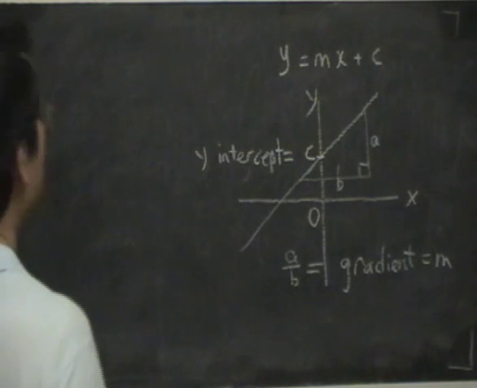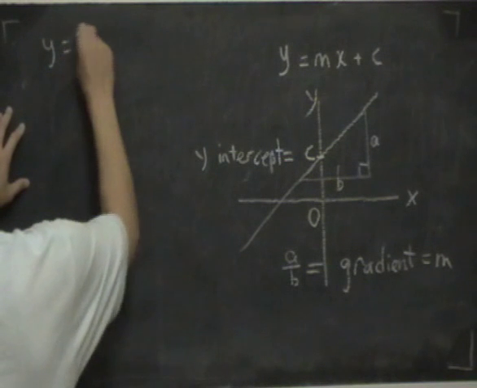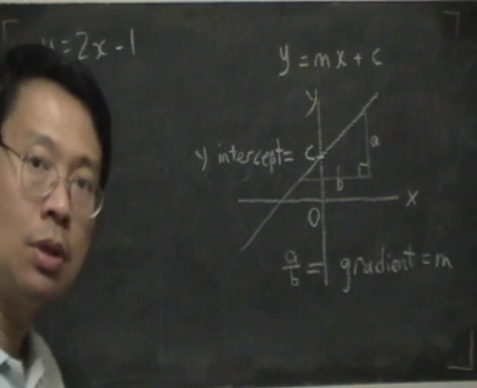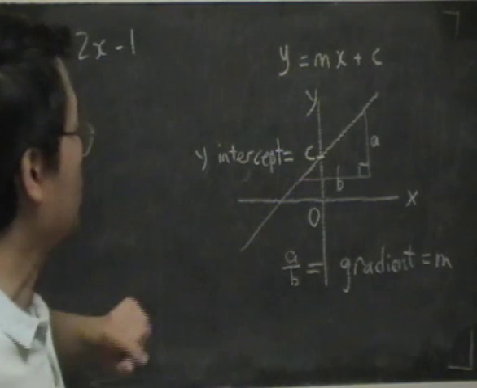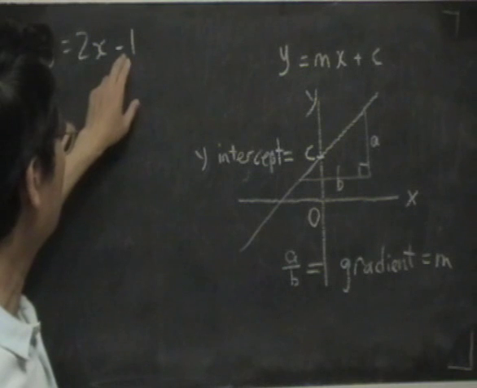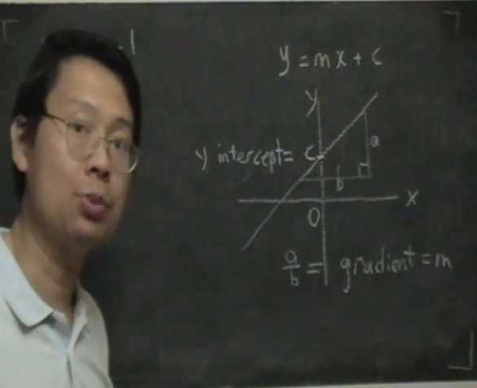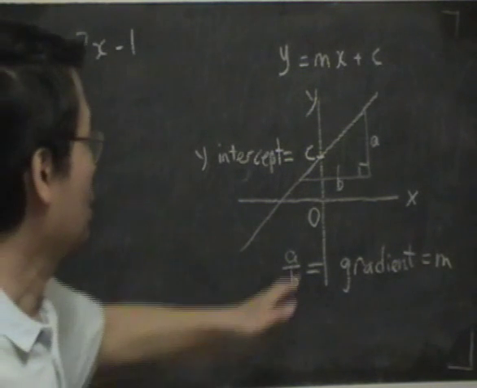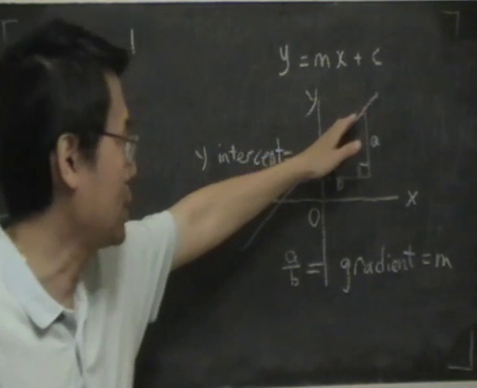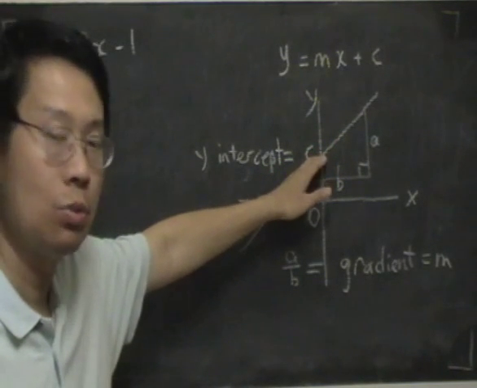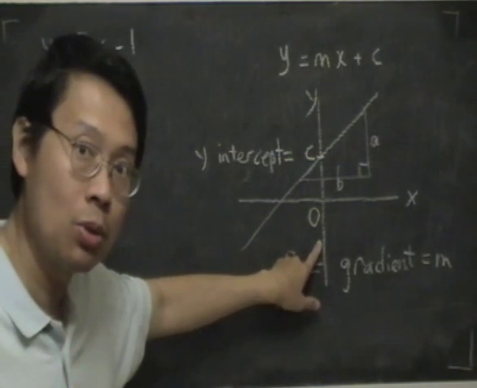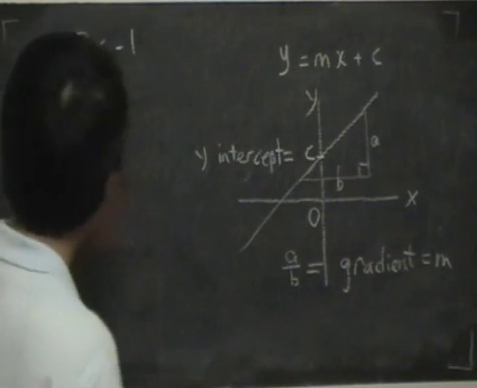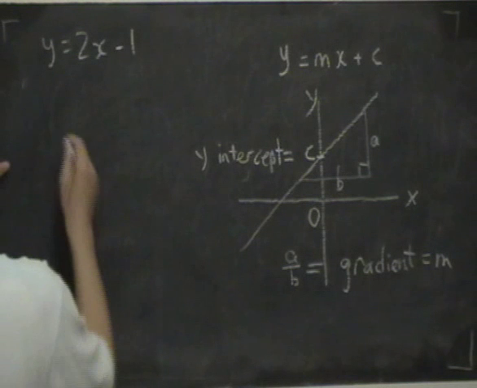Let me try something simple like y equals 2x minus 1. So I keep the same gradient 2, I just change the intercept to minus 1 instead of the 1 just now. So I would expect that the straight line would cut the y-axis at minus 1, which is really below the origin. So let's do a really quick plotting to see if that's the case.